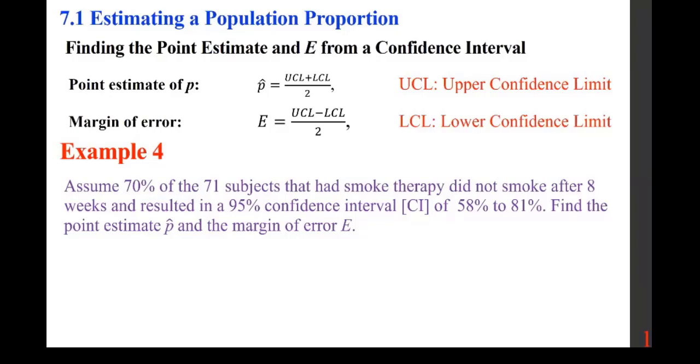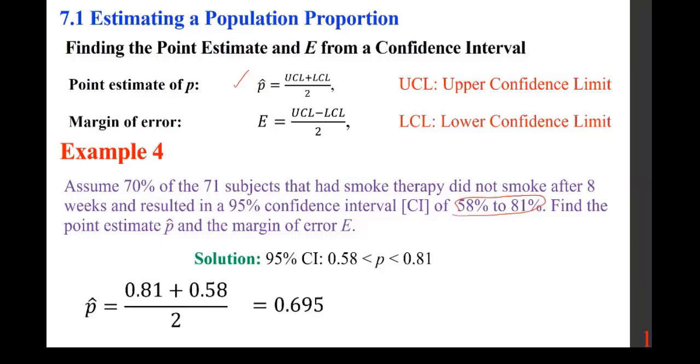The confidence interval is given. To find p hat, we use the top formula: add the two end numbers, 0.58 and 0.81, and divide by 2. And to find E, subtract and divide by 2.